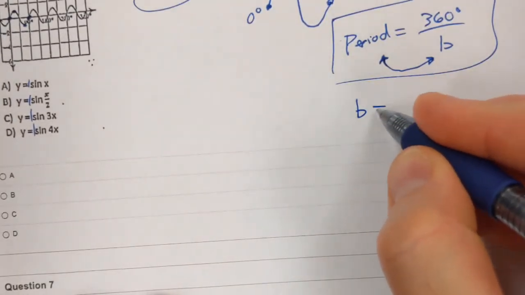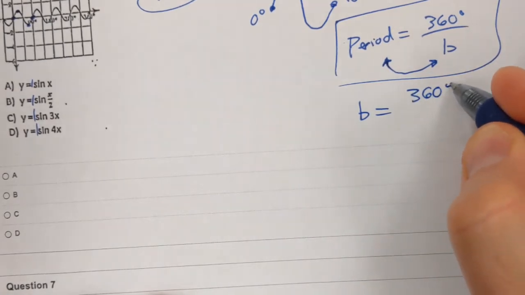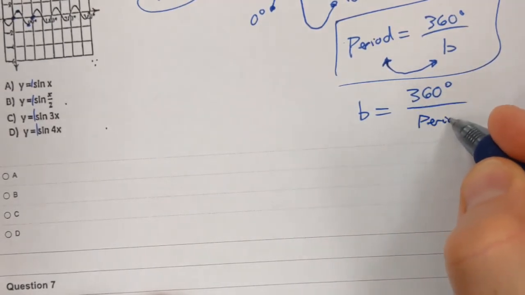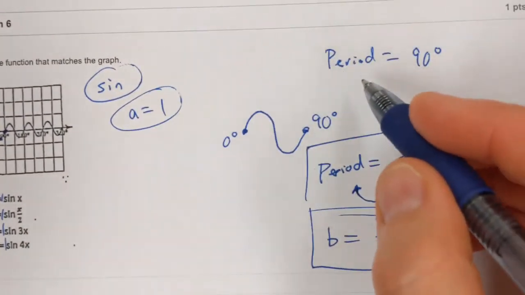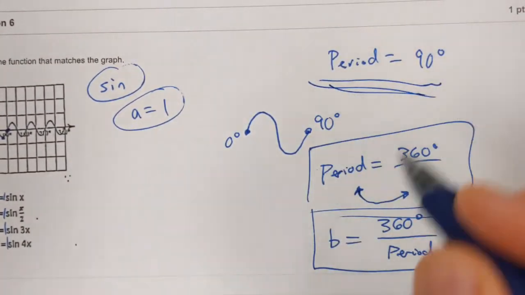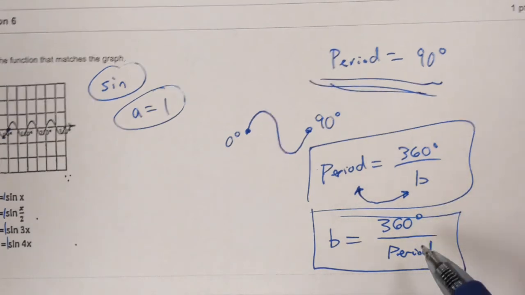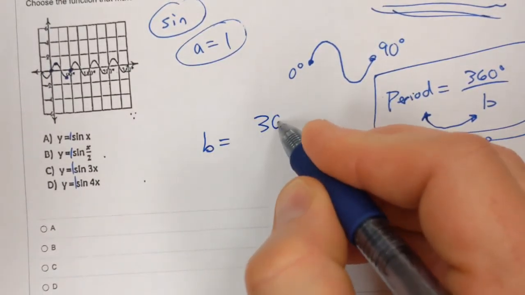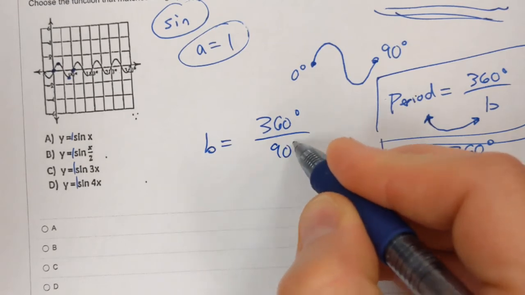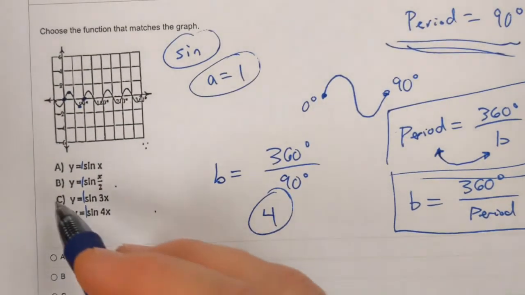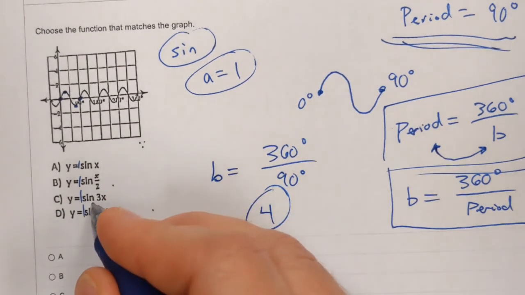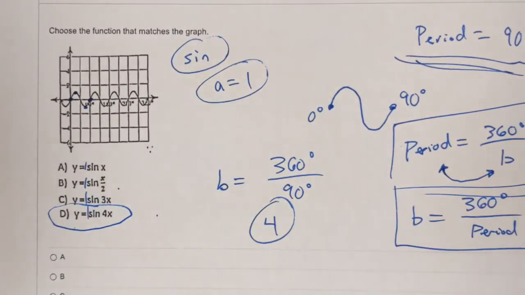You're also allowed to say that b is equal to 360 degrees divided by the period. So if you ever know what your period is but you're trying to find the b value, just use this formula. b is going to be 360 degrees divided by 90 degrees. It just comes out to 4. The only choice here that has a b value of 4 is D. The correct answer is D.